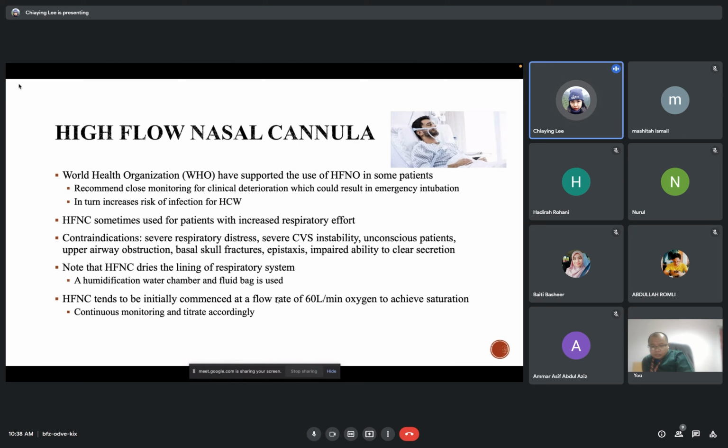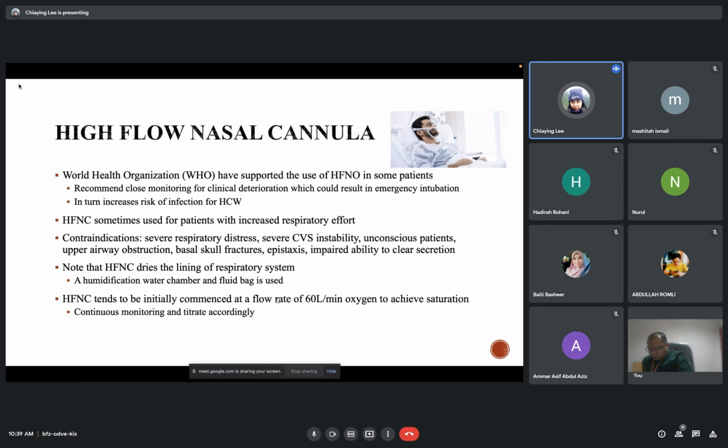But if you see a patient with severe respiratory distress, severe CVS instability, unconsciousness, upper airway obstruction, basal skull fracture, epistaxis, impaired ability to clear secretions, basically some mechanical factors, then we wouldn't proceed with high flow nasal cannula.